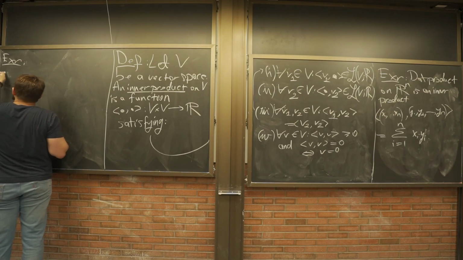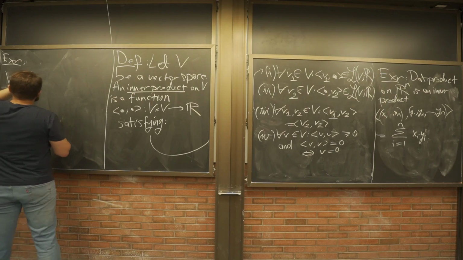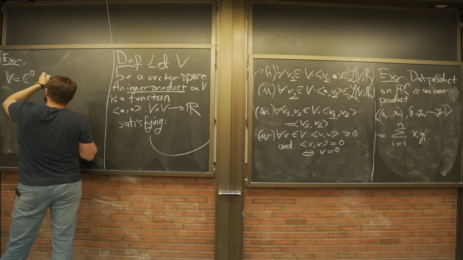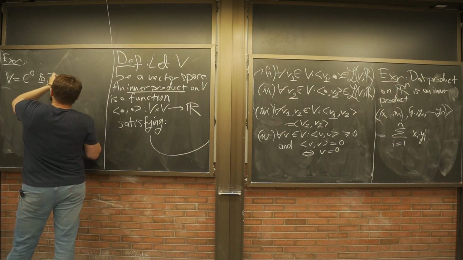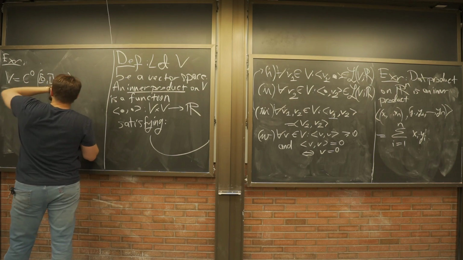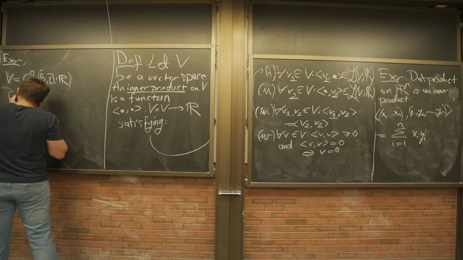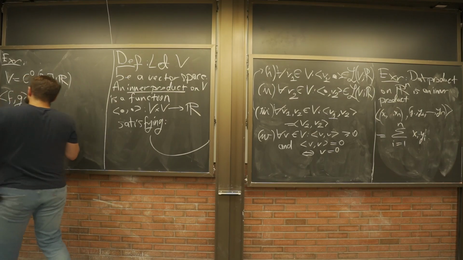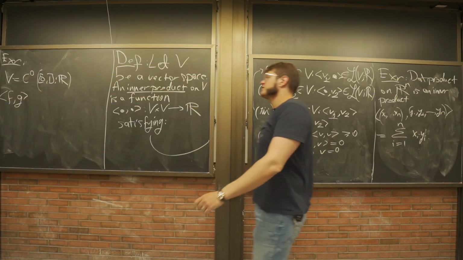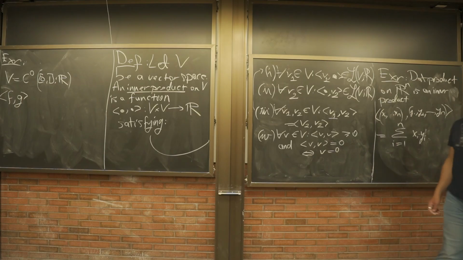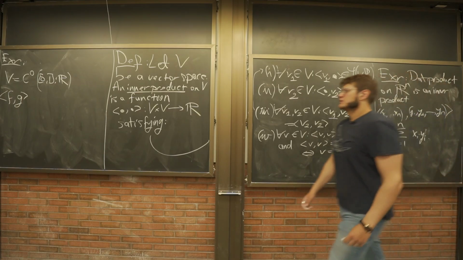Let's say V is the space of continuous functions defined on 0, 1, taking real values. I can define an inner product of two functions to be, well, take their product, then integrate.